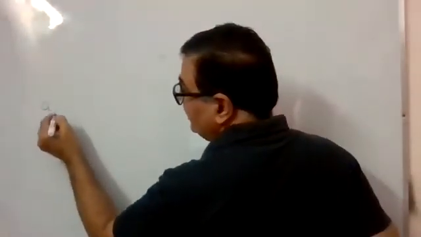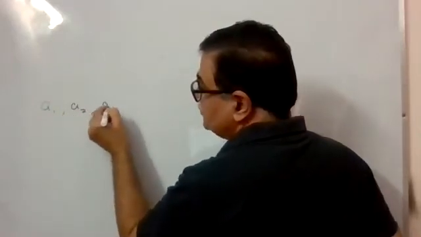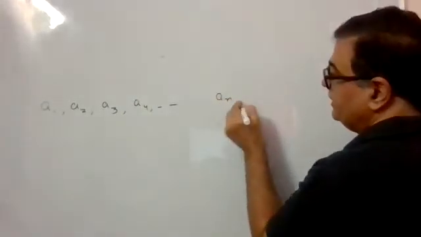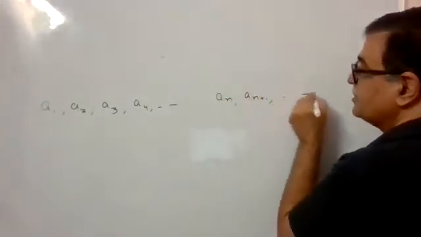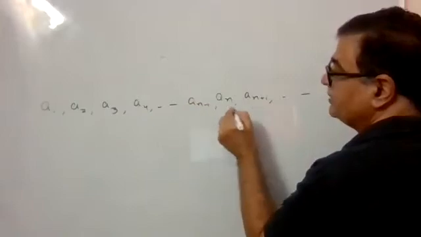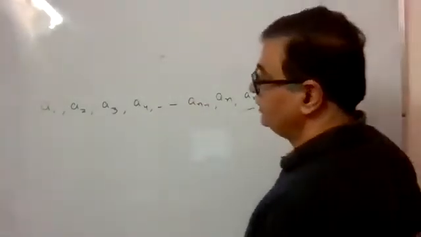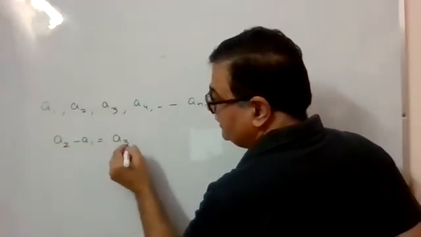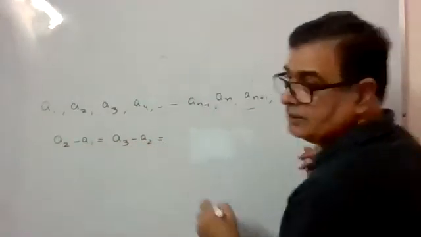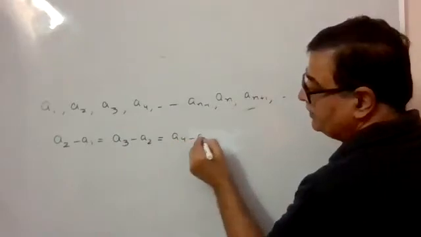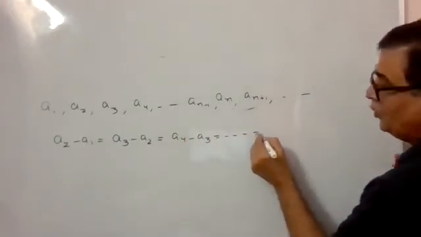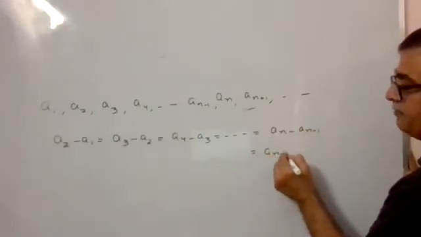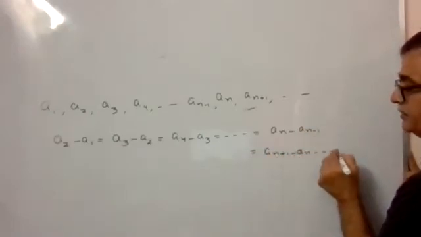that is, if you have A1, A2, A3, A4, next is an plus 1, an minus 1, anything you take. Then you have A2 minus A1 is the same as A3 minus A2, same as A4 minus A3, same as an minus 1, same as an plus 1 minus an, so on it goes.